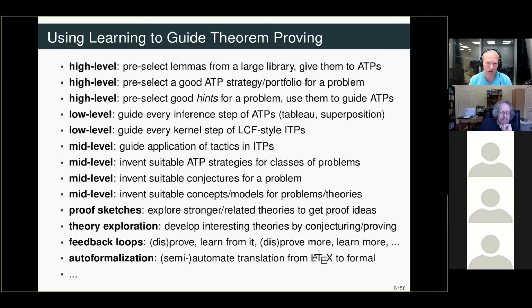That's not done so much, but it's a very similar task to premise selection. Instead of choosing directly the axioms, you are choosing what knowledge will be guiding the proof search through the hints mechanism. I will not go into it too much in this talk.